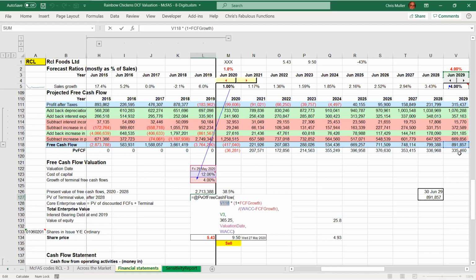See it over here, V118. And if I grow it by 1 plus G, that will give me my estimate for free cash flow in year 11. And so then I can divide by my K minus G, or my WACC minus growth, and that will perpetuitize it and give it to me in year 10.